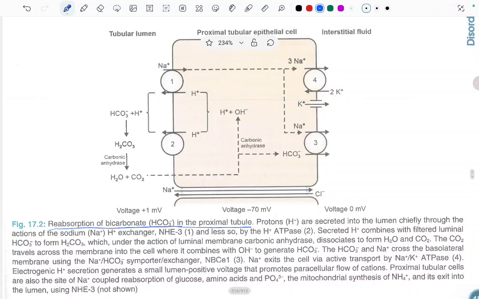This is the tubular lumen. This is the proximal epithelial cell, and this is the interstitial fluid. So this is the lumen from where the fluid is moving out. Okay. From here, bicarbonate is being absorbed.